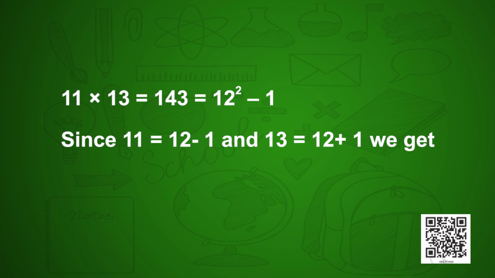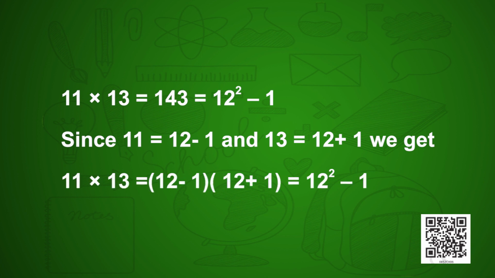Since we can write 11 is equal to 12 minus 1 and 13 is equal to 12 plus 1, we get 11 times 13 is equal to (12 minus 1) times (12 plus 1). Here we can use the formula (a minus b) times (a plus b) is equal to a square minus b square. So, we get 12 square minus 1.